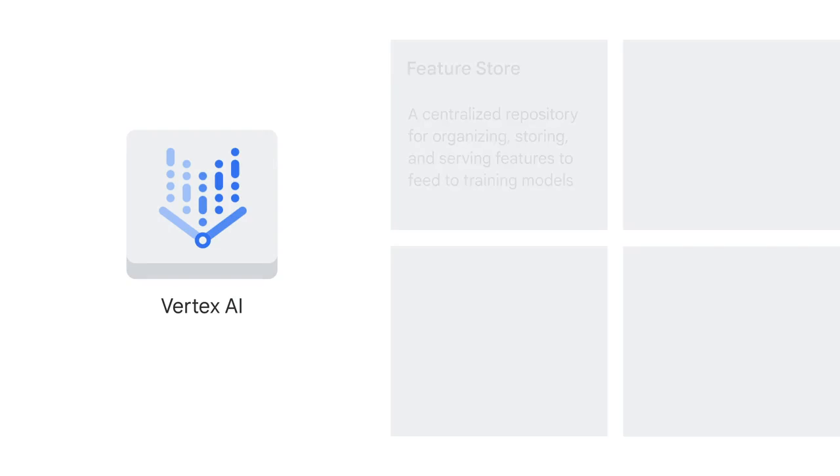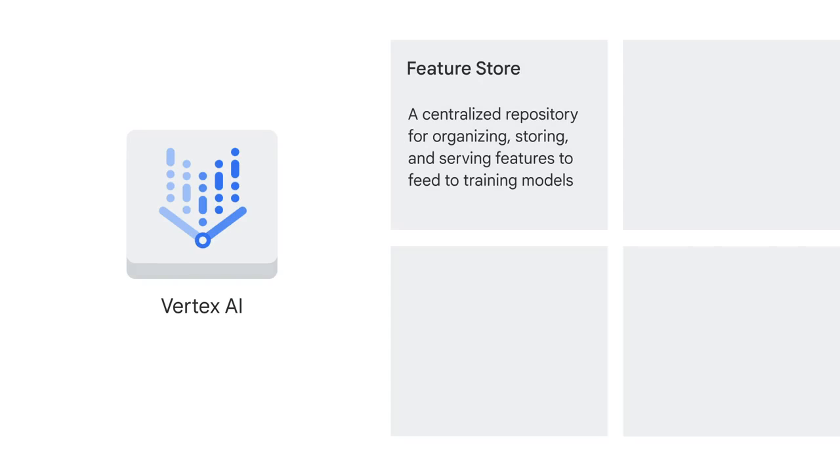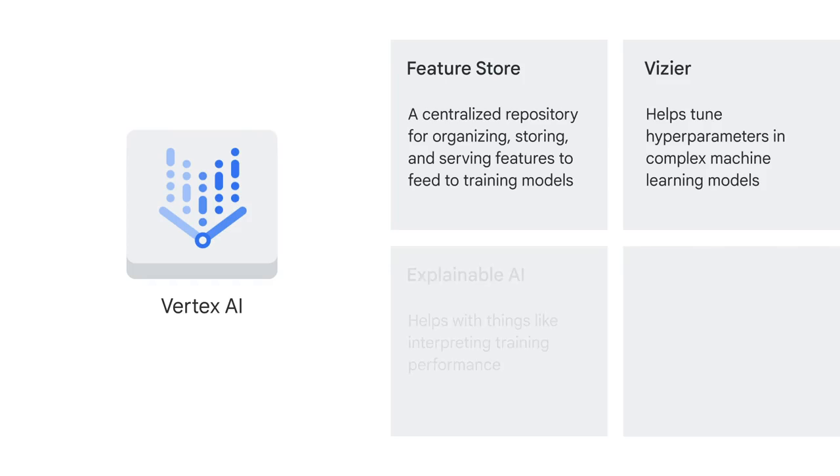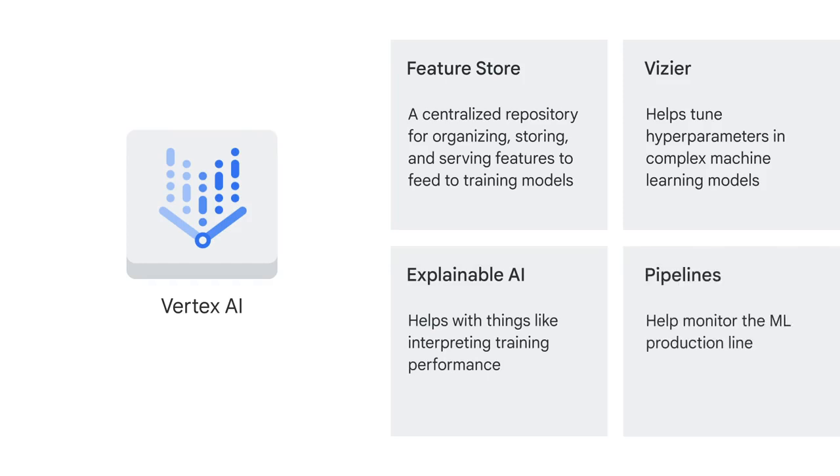Examples include Feature Store, which provides a centralized repository for organizing, storing, and serving features to feed to training models. Vizier, which helps you tune hyperparameters in complex machine learning models. Explainable AI, which helps with things like interpreting training performance. And Pipelines, which help you monitor the ML production line.